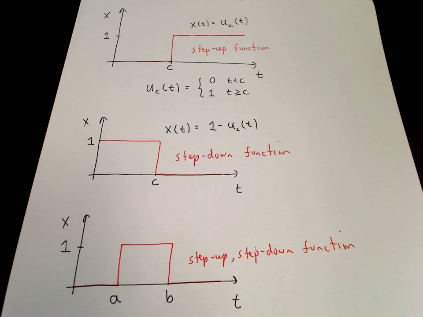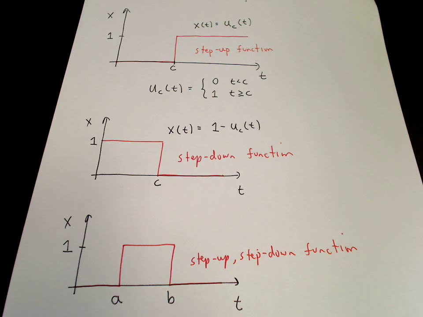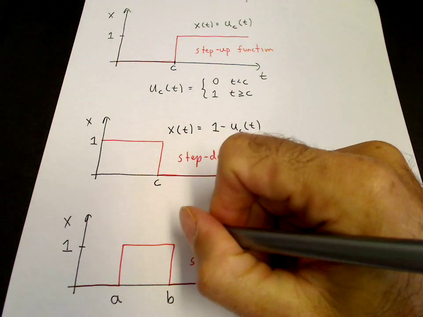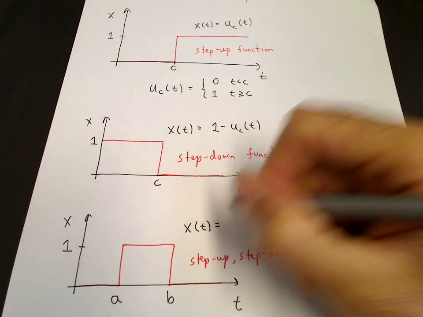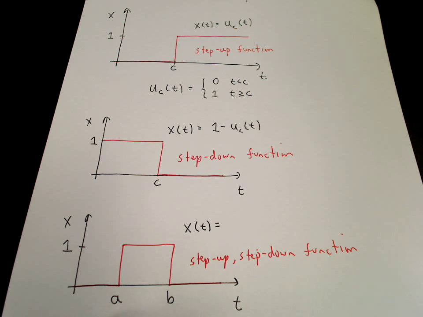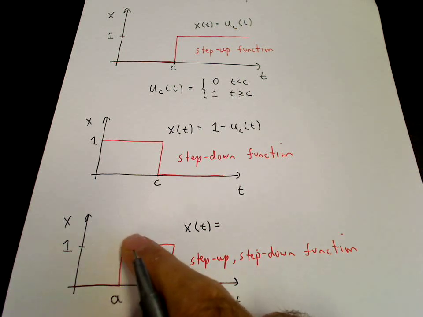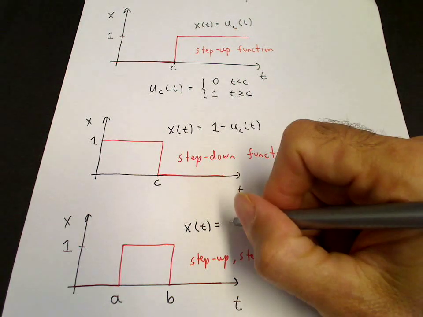And how do we write the step up, step down function in terms of the Heaviside step function, which is the step up function? Well, we are 0 for t less than a, and then we step up, become 1 for t greater than a.